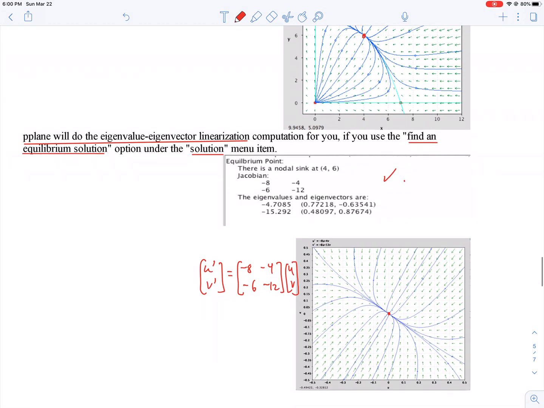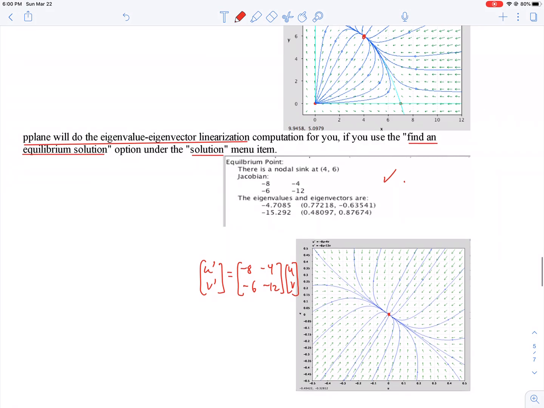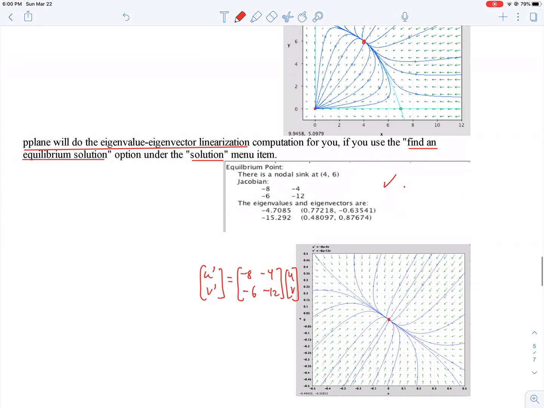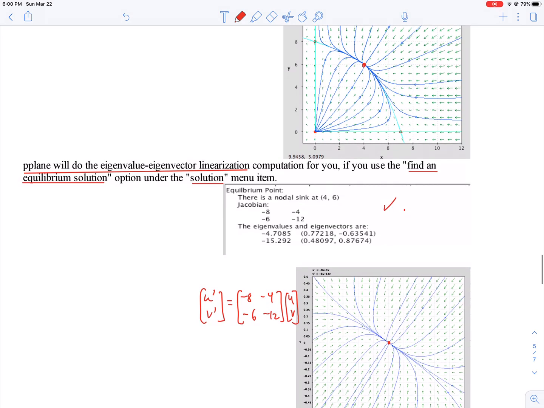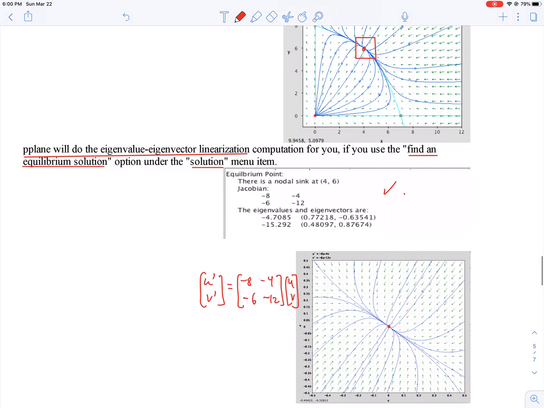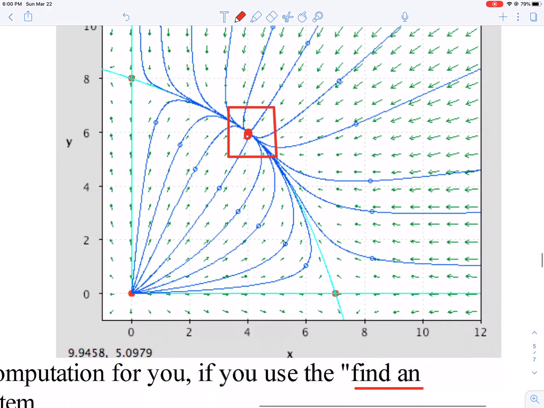So in this picture, the u and v are going between plus or minus 0.5. This picture is supposed to tell us what the nonlinear solutions look like near the equilibrium point.